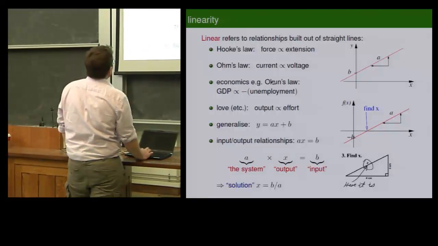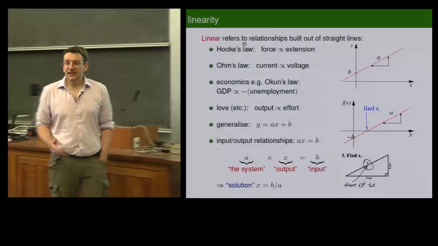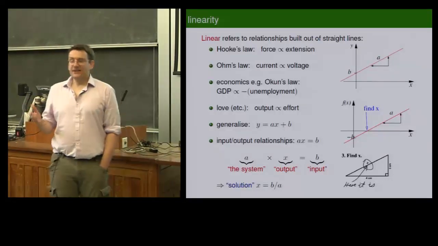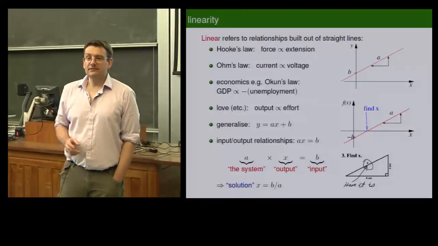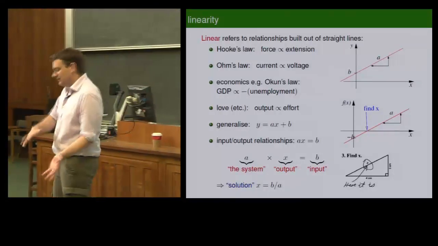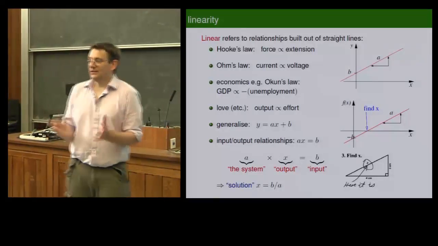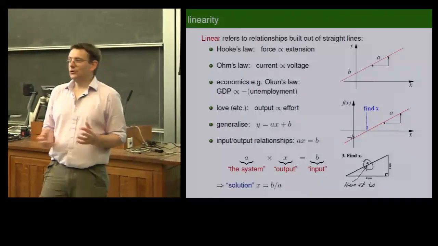So first of all, what does linear refer to? Linear refers to a line. In this case, we mean a straight line. And actually, linear is usually referring to some kind of input-output relationship. We're familiar with this when we do physics at school. It's called Hooke's law.